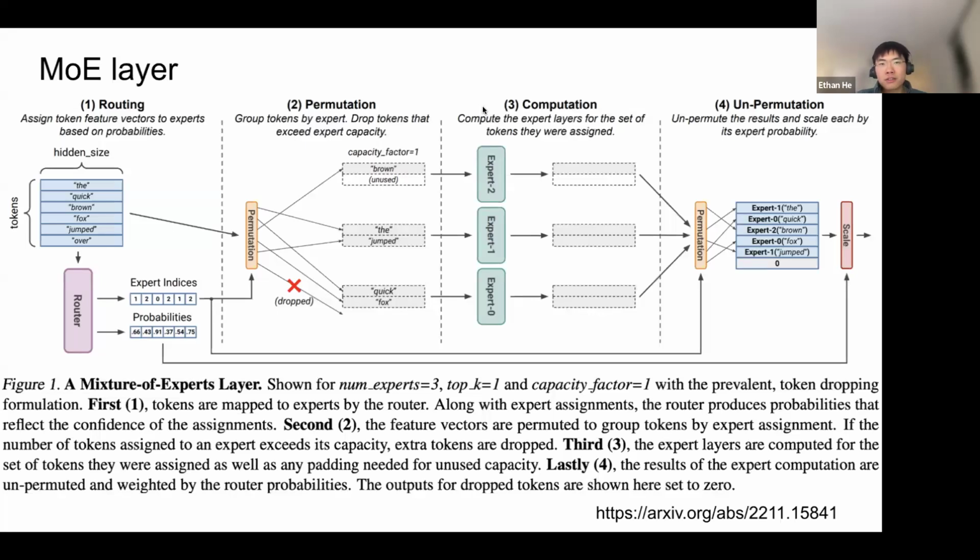But expert choice is another way where the expert selects tokens. Each expert only selects K tokens constantly. So even though this is fixed, from the token perspective, each token can have 0 experts applied to it, or more than 0, or all of the experts applied to it.